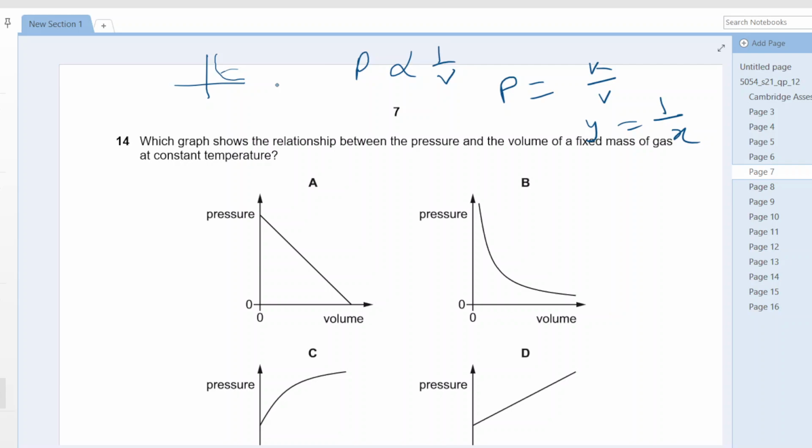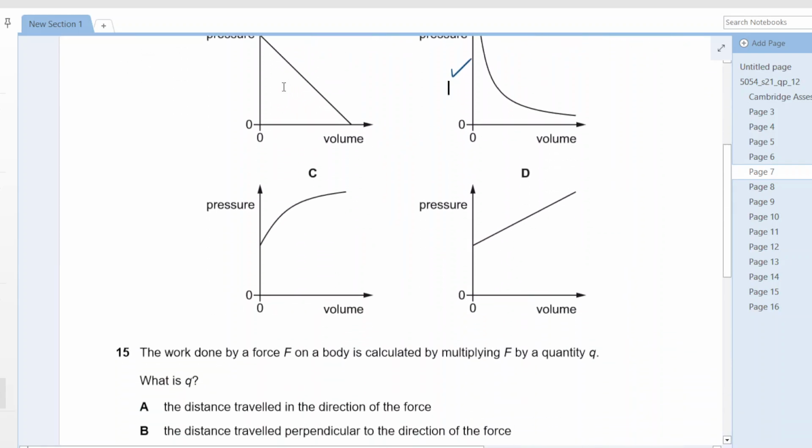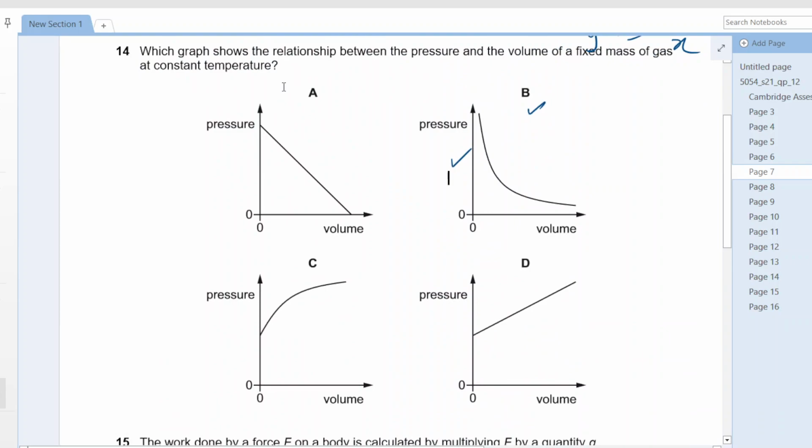Therefore, answer is at D, this graph. Now, write 14 B.